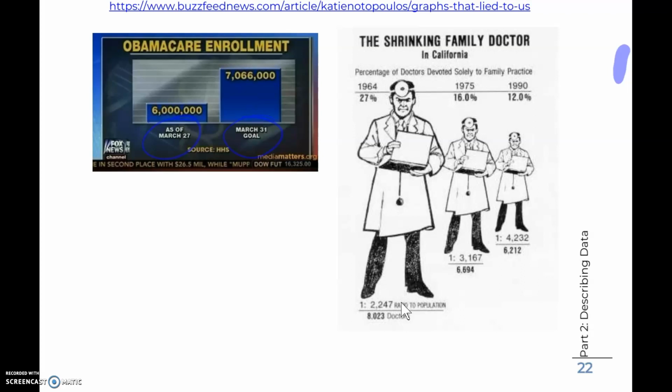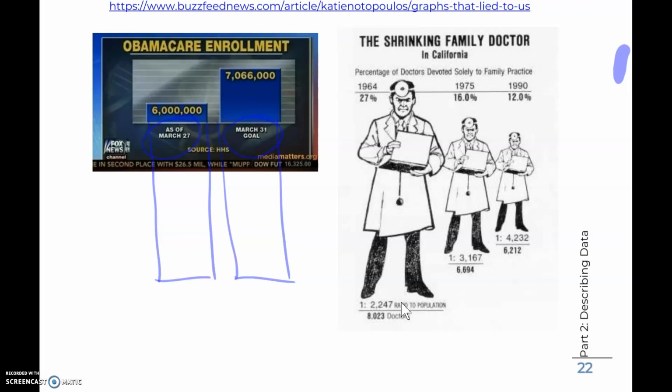And one way to fix this graph is to make it with a scale that starts at 0, and now it's going to be much more useful for us to compare the two and see that yes, there is a difference of 1 million, but the gap is not as big as first noticed, right?